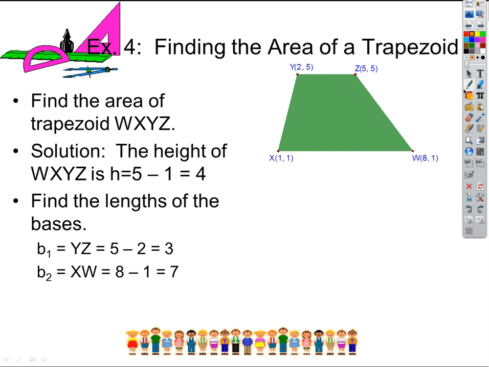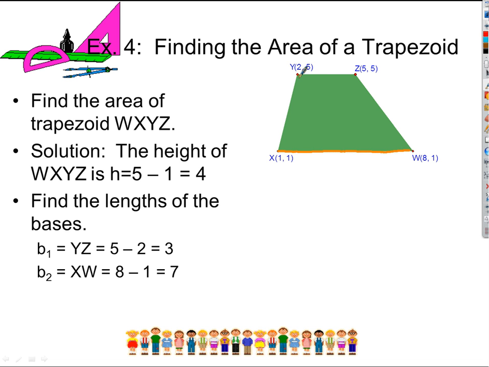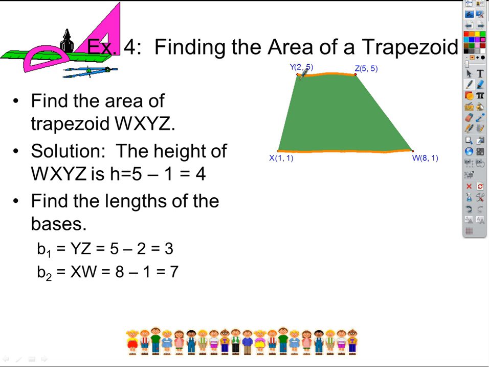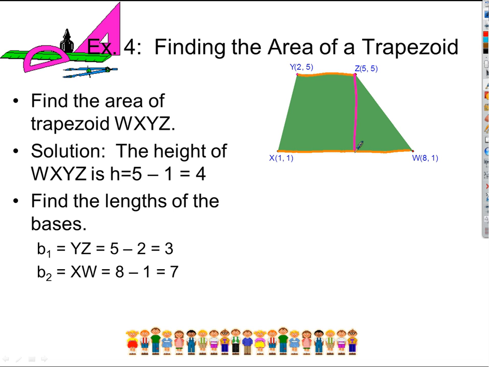Okay, here's the base, or there's one of the bases. So the orange segments are the bases. The pink segment is the height. Agree? How can I get the lengths of the orange segments?